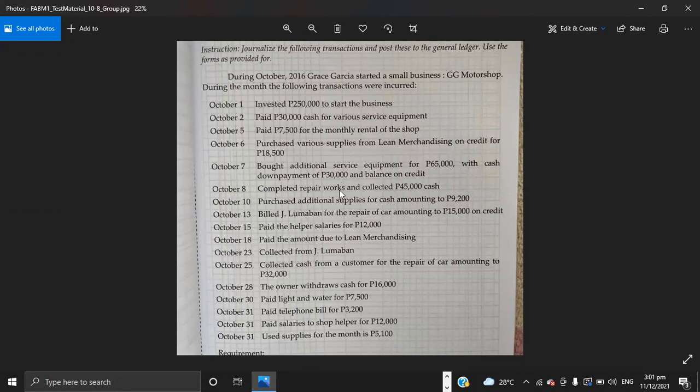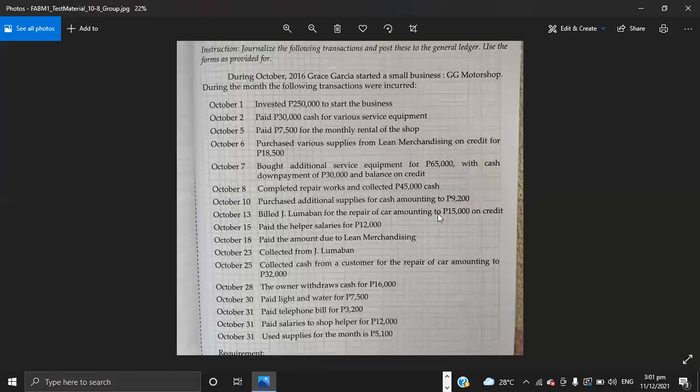Completed repair works and collected 45,000 cash. Purchased additional supplies for cash amounting to 9,200. And then billed J. Lumaban for the repair of a car amounting to 15,000, but on credit.